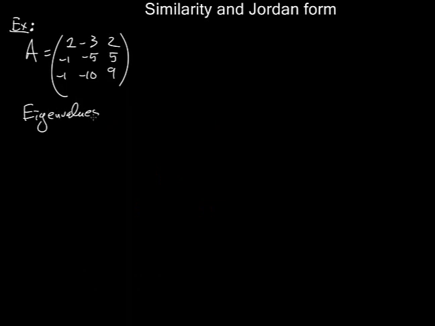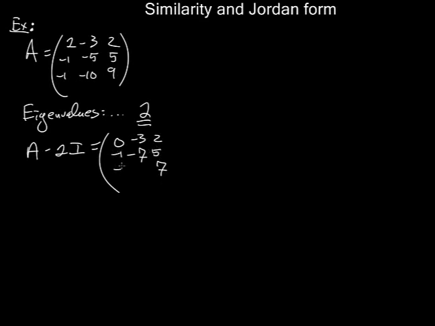So here's an example. Take this matrix. I won't bother doing the computation, but it only has one eigenvalue, which is 2. And so we do the usual computation. You subtract 2 from the diagonal and you get this matrix. And you ask yourself, what is the dimension of the 2-eigenspace of this? Well, there's a linear relation between these rows.